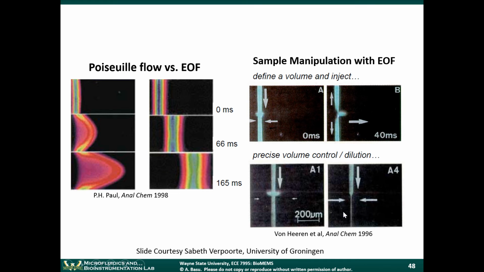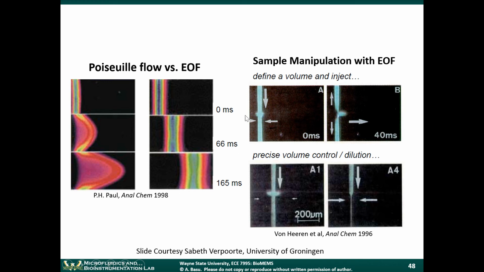Now, if you want to manipulate samples with electroosmotic flows, all you have to do is apply voltages between different regions of the channel. So these are some examples where you have a cross structure here. You can't see it in these slides because these are fluorescent pictures, which are normally taken in the dark.